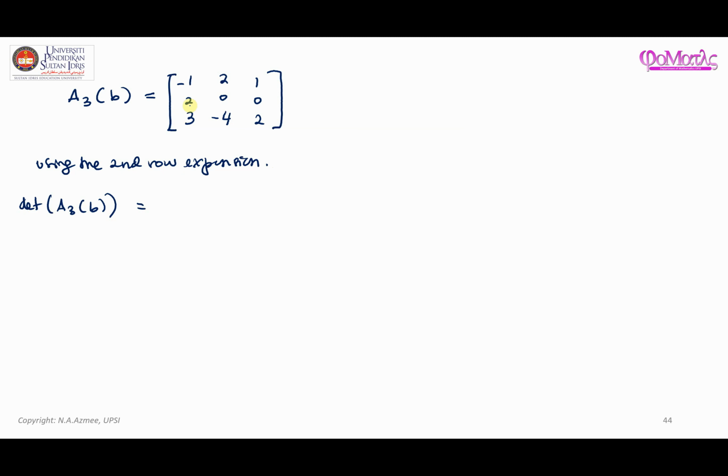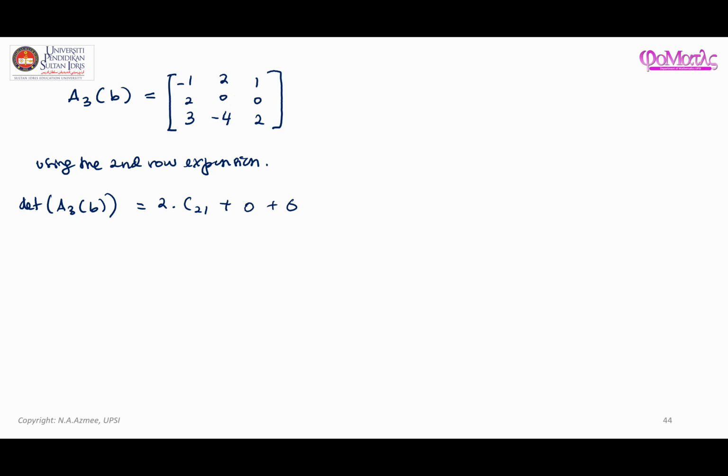So that is A21, so 2 times C21, plus this entry times its cofactor. But since this is 0, here we got 0. Plus, again, this is also 0, so if you multiply with its cofactor, it is going to be 0 as well.